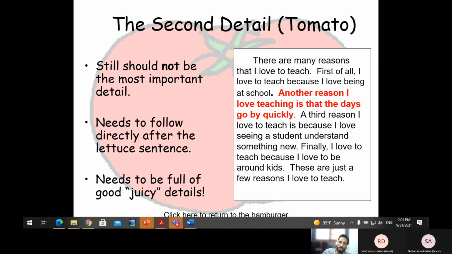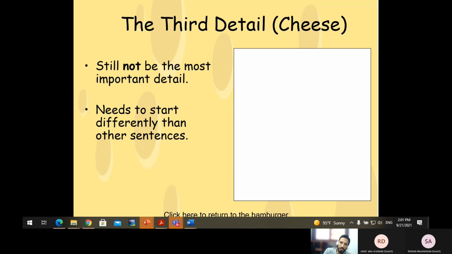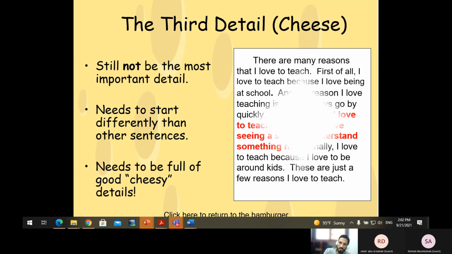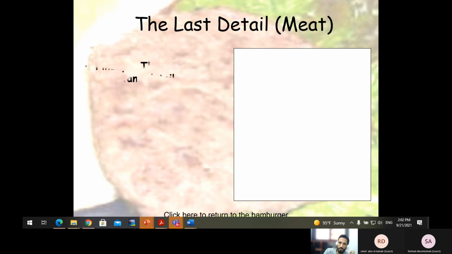Needs to follow directly after the latest sentence. Needs to be followed by good juicy details. And then the third detail, still not the most important detail, needs to start differently than other sentences: a third reason I love to teach is because I love seeing a student understand something new.